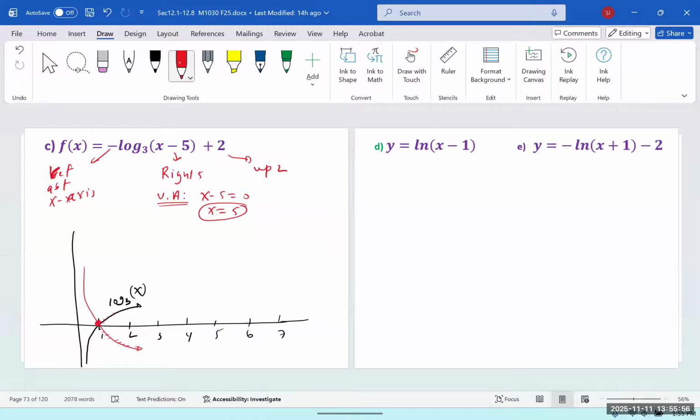Then that reflected graph, you moved how many units? 1, 2, 3, 4, 5. And then 1, 2 up here. So I draw the same exact graph. You always have to indicate your asymptote, the wall that cannot be crossed: x equals 5.